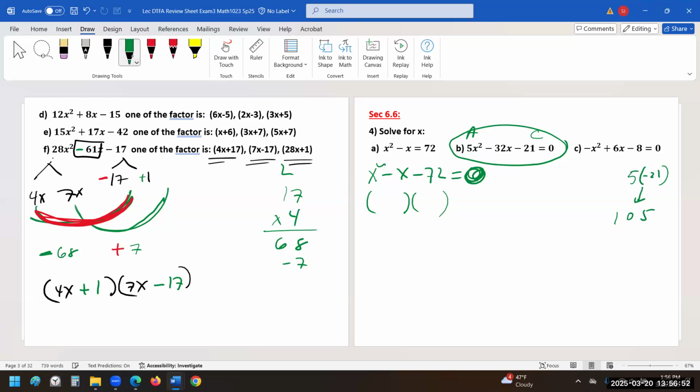Then you have two choices. Keep dividing them and see which two numbers give you 32, or you can simply use 5 and 21 and split them, like trial and guess. It's up to you. You do trial and guess here, or you do division, divide by 2, divide by 3, divide by 4, 5, 6, and see which pair gives you the middle term.